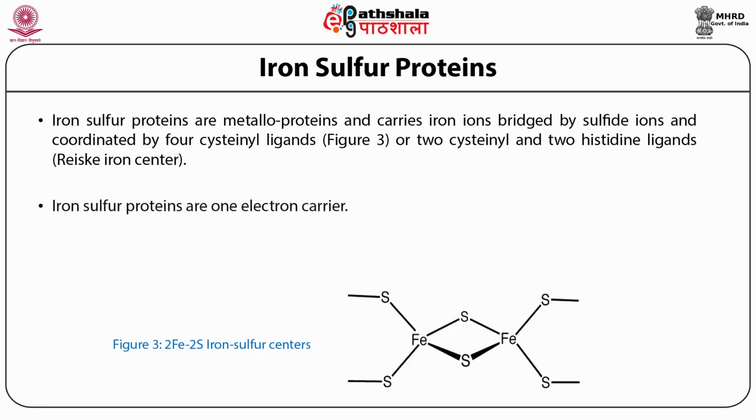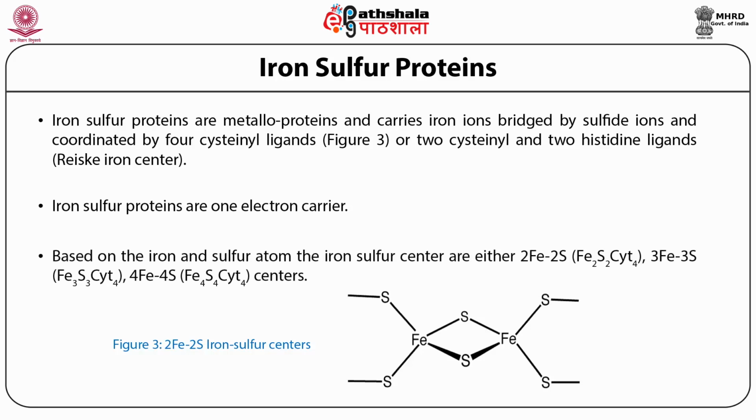Iron sulfur centers or iron sulfur proteins are one electron carriers. Based on the number of iron and sulfur atoms present, it is either a 2Fe2S center, where we have 2 iron, 2 sulfur, 4 cysteine and the remaining protein part, a 3Fe3S center, where we have 3 sulfur, 3 iron and 4 cysteine and the remaining protein part, or a 4Fe4S center, where we have 4 sulfur, 4 iron and 4 cysteine and the remaining protein part.